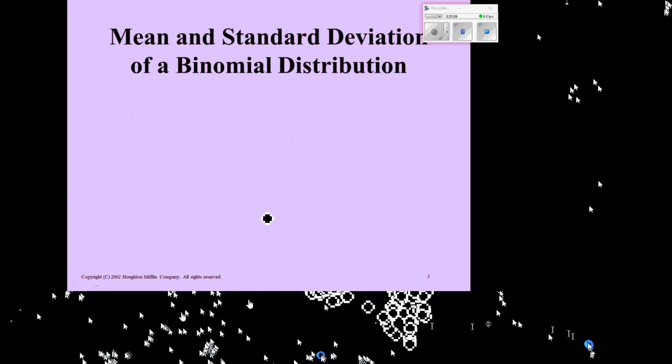So, if you have your formula sheet there, look at your notes. Your notes say the mean mu of a binomial distribution and the standard deviation sigma of a binomial distribution. Look in your formula sheet under chapter 4 and find the formula for the mean and standard deviation.